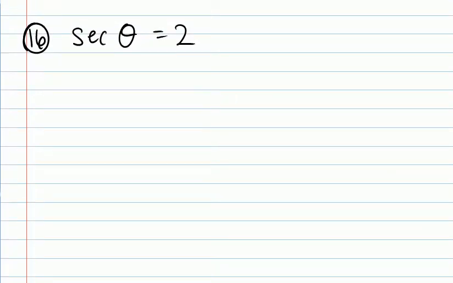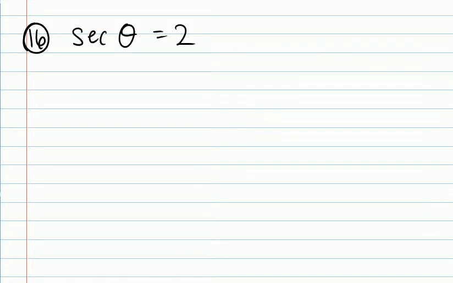So let's try the secant of theta equals 2. Problem number 16. It tells us that the cosecant is negative. The secant is a positive 2. So we're looking for the place where x is positive but y is negative, and that happens in the fourth quadrant.